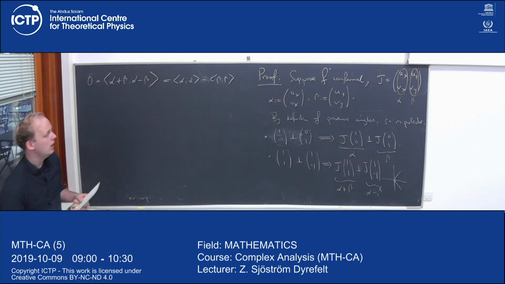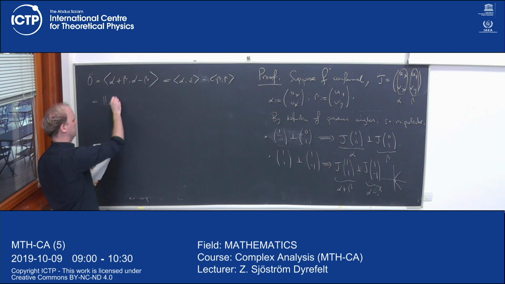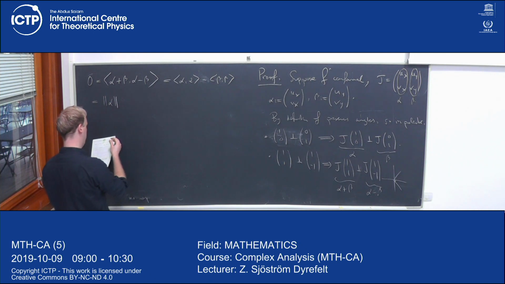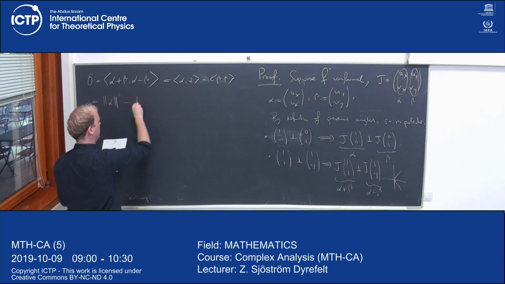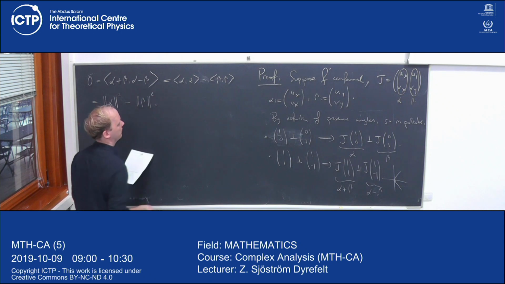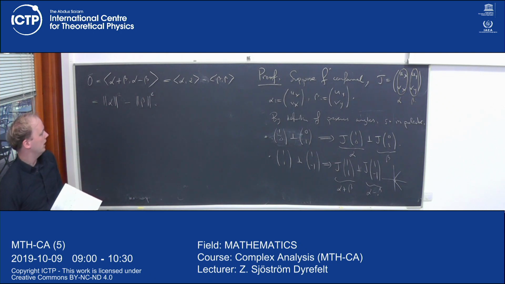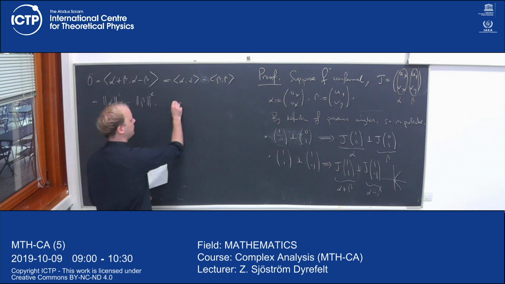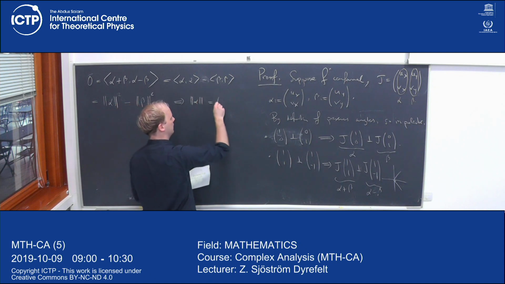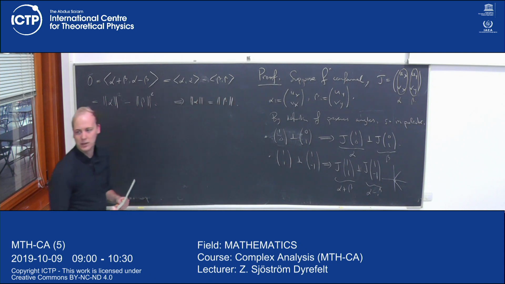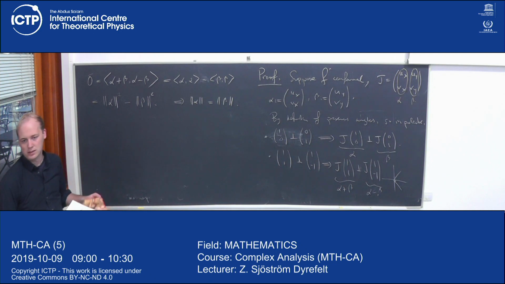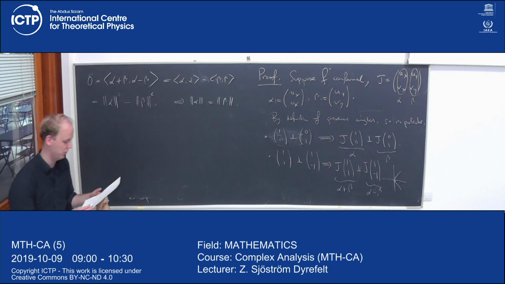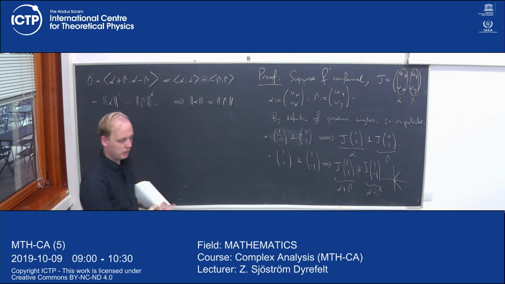And so this is equal to the norm of alpha squared minus the norm of beta squared. So this is equal to 0. So we get that the norm of alpha, or the absolute value of alpha, is equal to the absolute value of beta. Now I wrote it like a norm, but it doesn't matter. So they are of the same length.